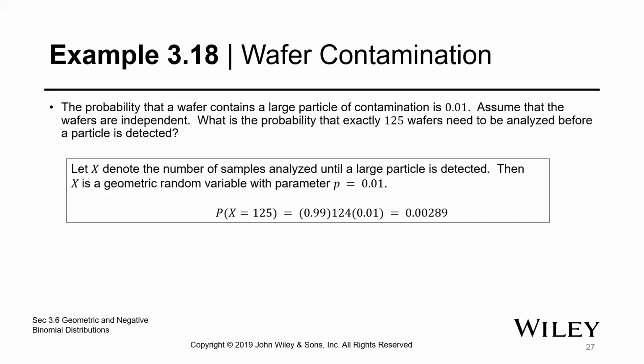We have a sample size of 125, and the probability is 0.1. So 1 minus your probability is 0.9; 125 minus 1 is 124, and then your normal probability. So you're looking at a probability of 0.0028.